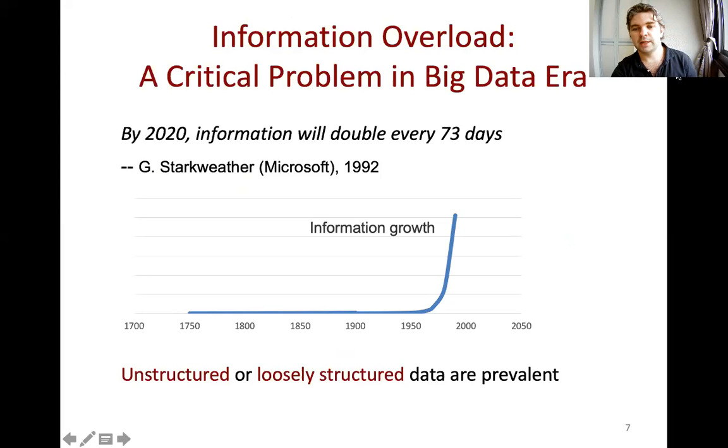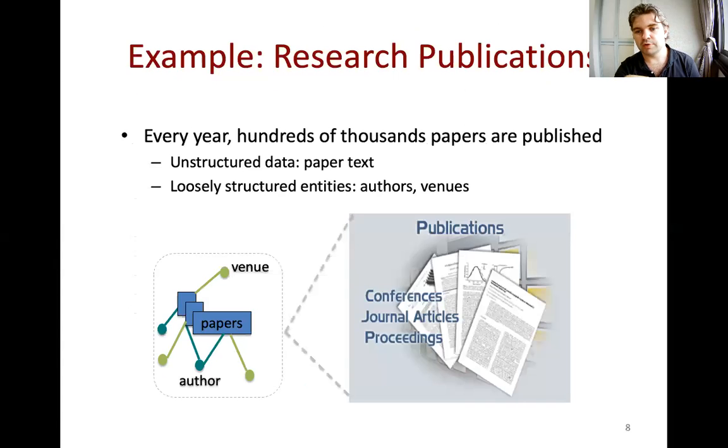If your parents or grandparents were born in the 50s, 60s, or 70s, of course it's difficult for them to adapt to our current situation. And unstructured or very loosely structured data are prevalent.